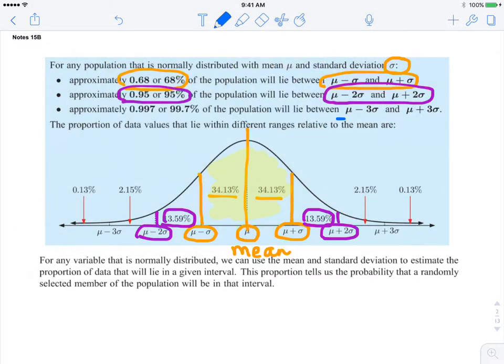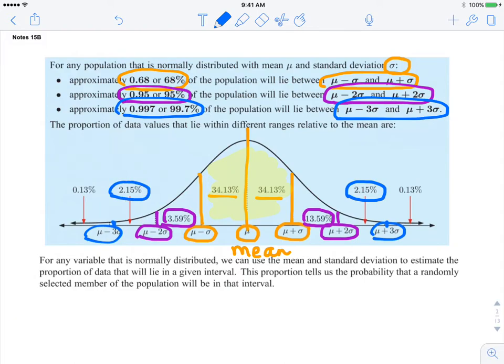If I go plus or minus 3 standard deviations, so here's plus 3, here is minus 3, between the blue lines, 99.7% of the population will fall between plus or minus 3. So this region here is 2.15%.